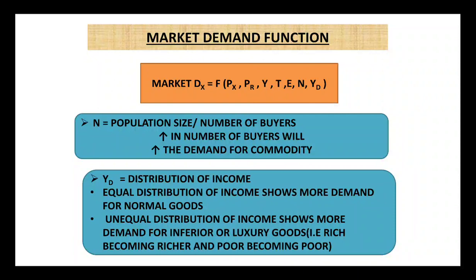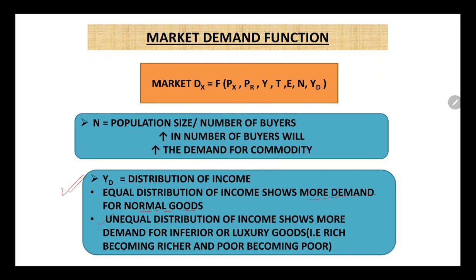The next is the distribution of income. Very, very important. Now, if there is an equitable distribution of income in an economy, inequality is lesser, the income disparity gap is lesser, in that case more normal goods will be demanded.